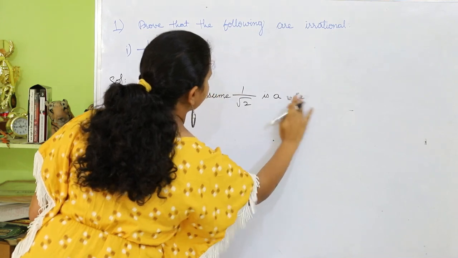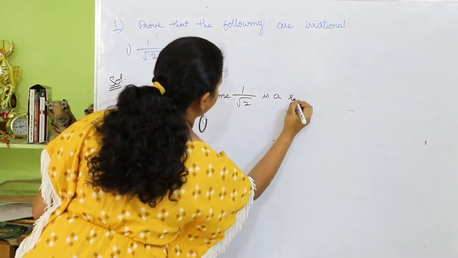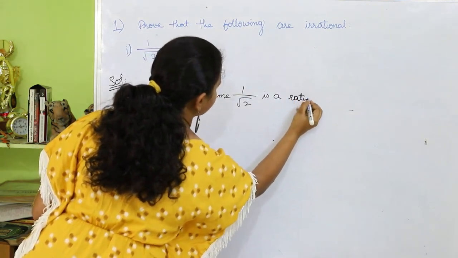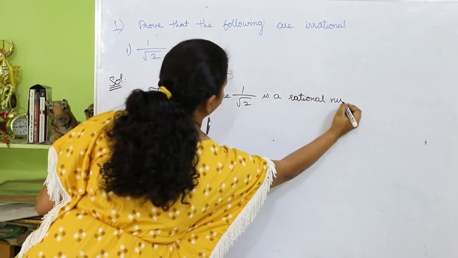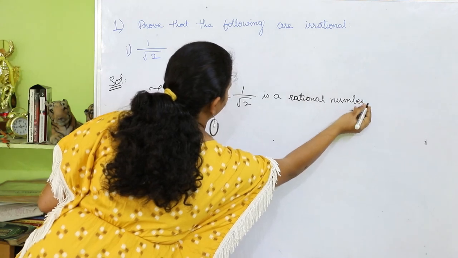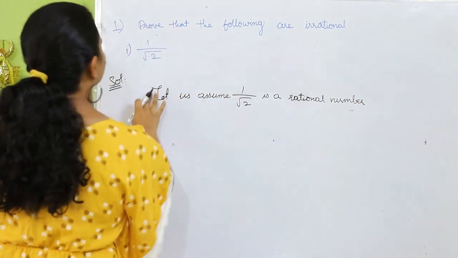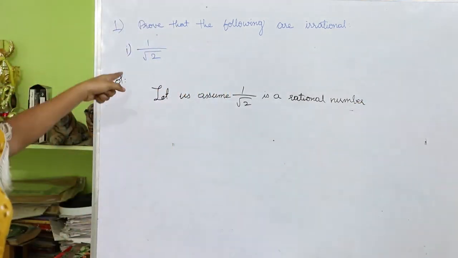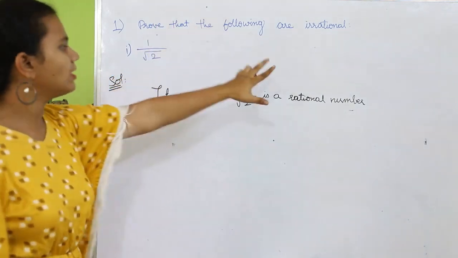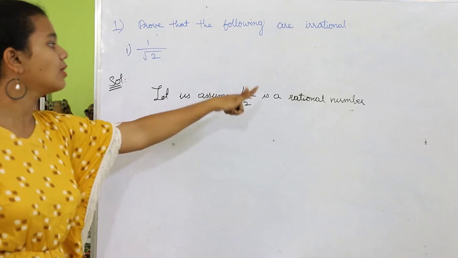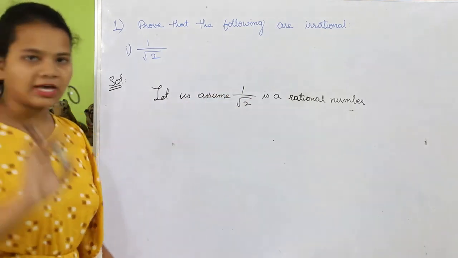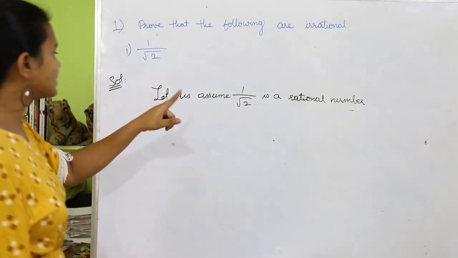We know a rational number is in p by q form. We have to prove 1 by root 2 is irrational, so for this, let us assume 1 by root 2 is a rational number.